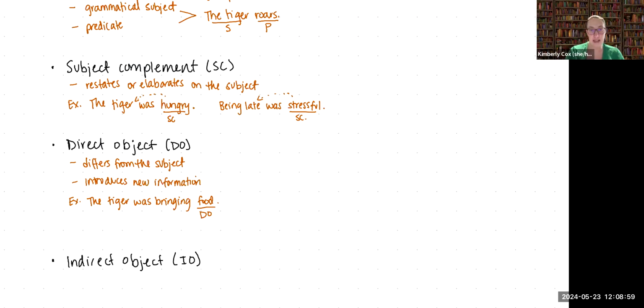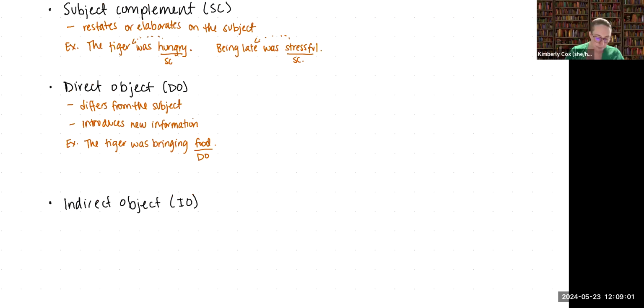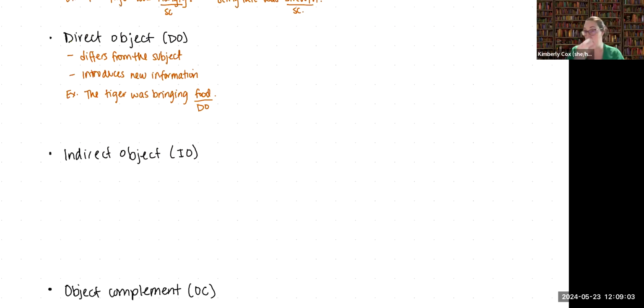Now, indirect objects in English are quite interesting because they can appear in a couple of different places in terms of a sentence. So an indirect object differs from the subject and the direct object. Okay.